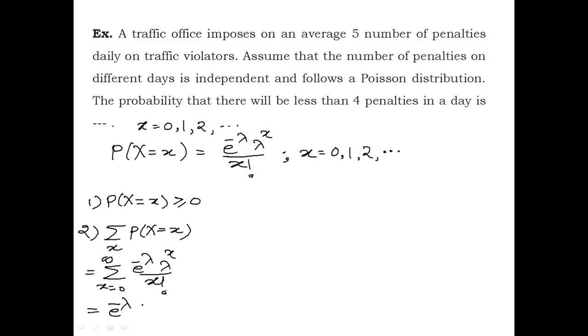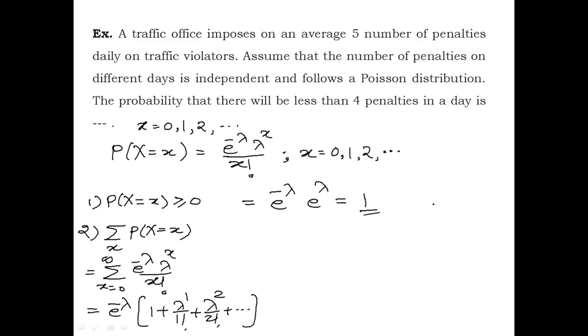So e to the power minus lambda will be outside, and this will be 1 plus lambda to the power 1 by 1 factorial plus lambda square by 2 factorial and so on. If you remember in M1 Maclaurin's theorem, this is nothing but e to the power lambda, and that is equal to 1. It is really interesting that though it is taking infinite number of values, for every value there is some probability, and addition of all these probabilities is exactly equal to 1.